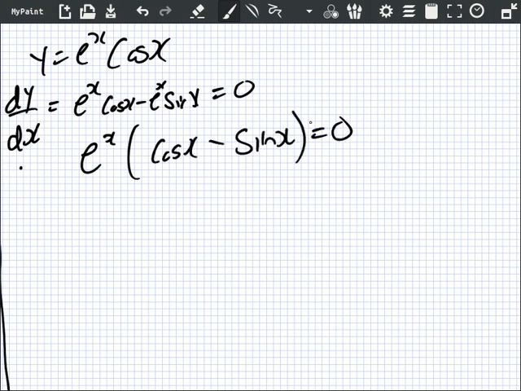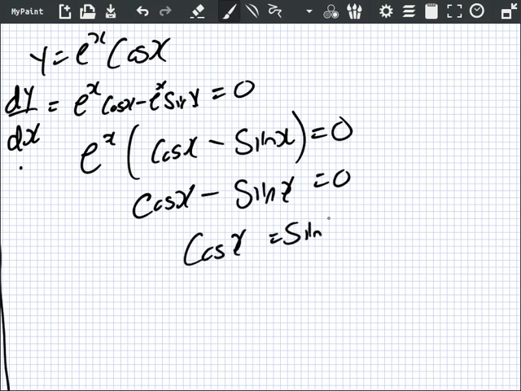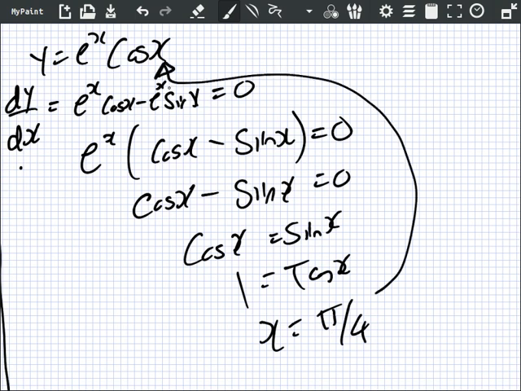That means cos x minus sin x should equal 0, so cos x equals sin x, which means tan x equals 1, which means x equals pi over 4. Then you can put that back in here, and you get y equals root 2 over 2 e^(pi/4).